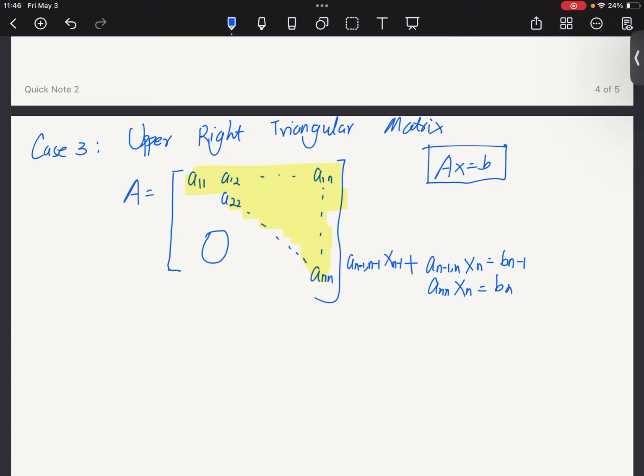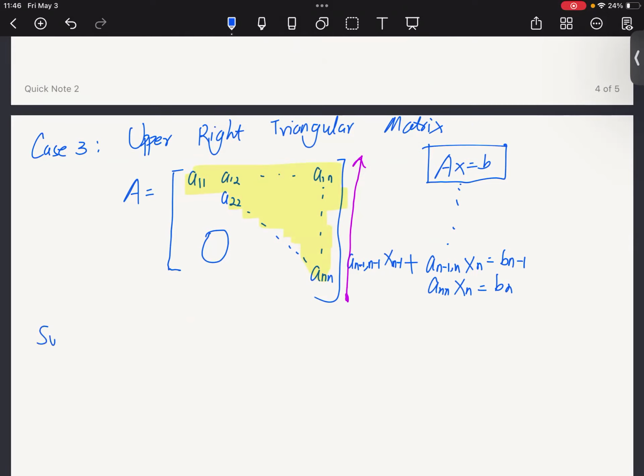So the idea for this linear system is solving it from the bottom to the top.